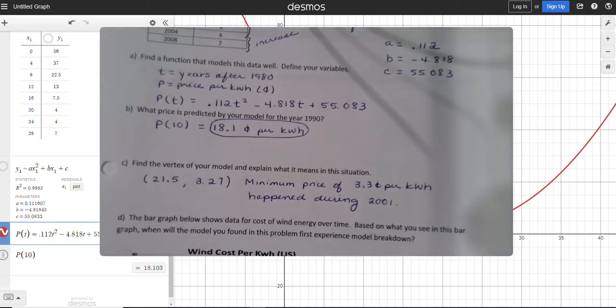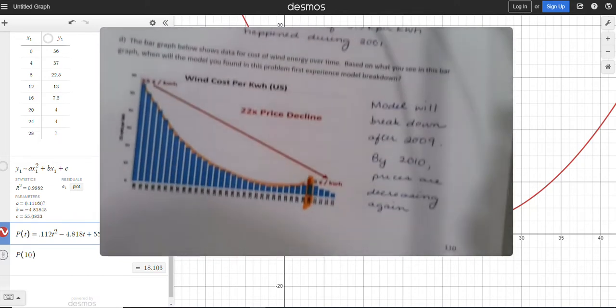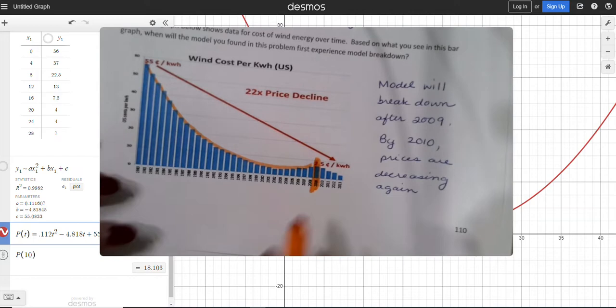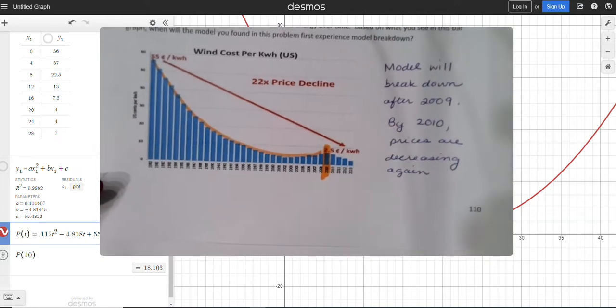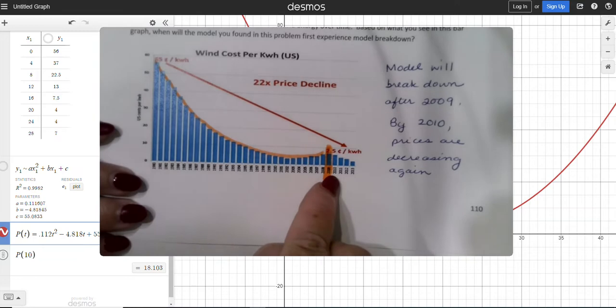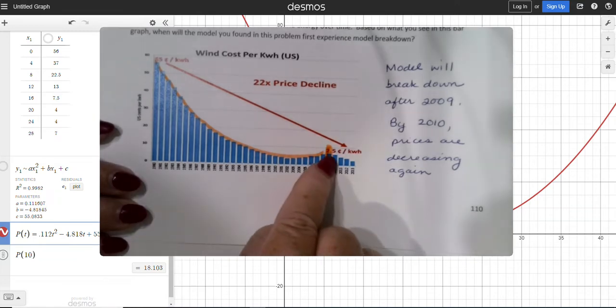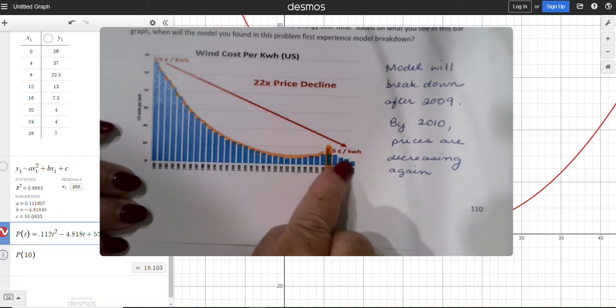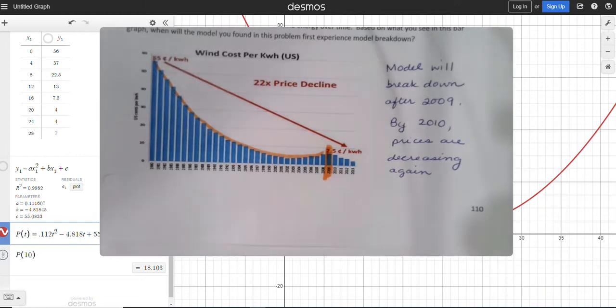Whoops, I'm sorry, I don't have that where you can see it. There we go. So if we assume we're okay through 2009, which is where our graph stopped increasing, let's look at what happens in 2010 and beyond. Look at the pattern here. It's very short, but would you agree with me that it looks pretty linear at that point?